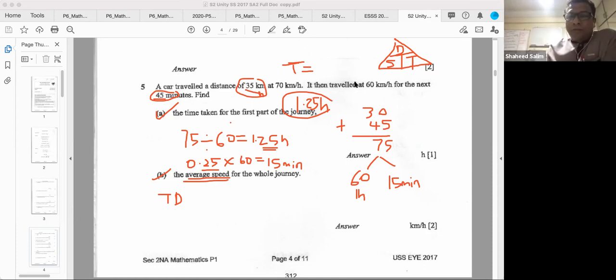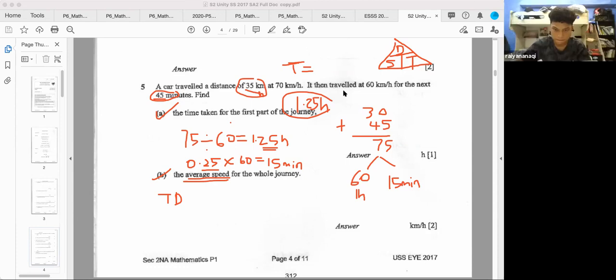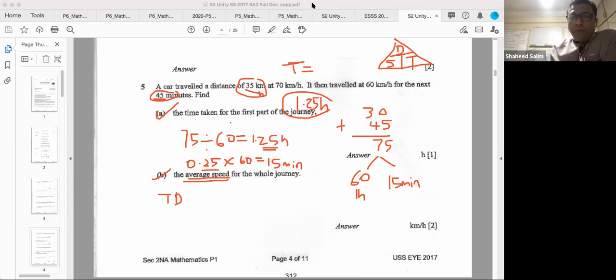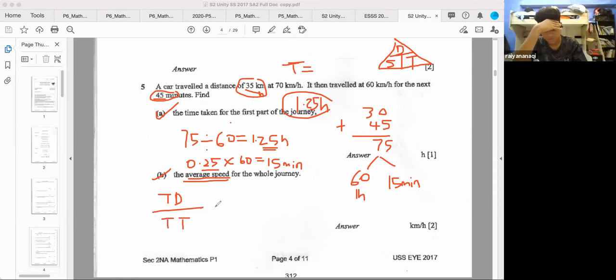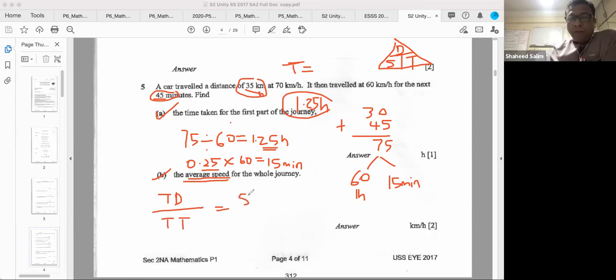Okay. What's the distance for the second part? Distance for second part is 45. Good, 45. Now you told me the formula is total distance over total time. So your total distance is 80, is it correct? 35 plus 45, yes. What's your total time?